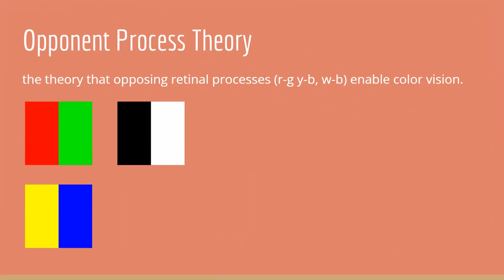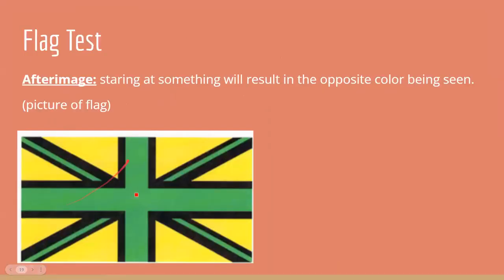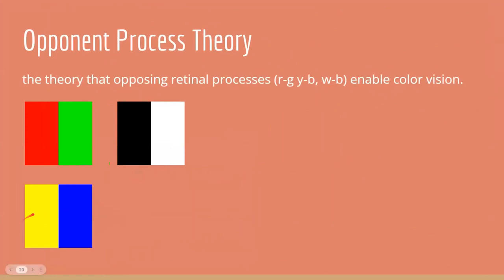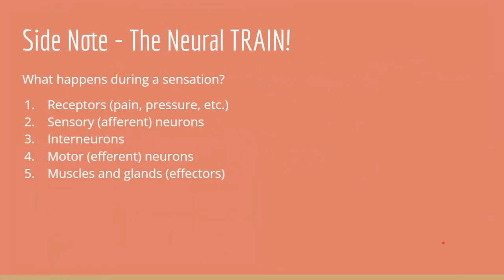Because if you notice what colors are on this thing, they are green, yellow, black. So green changes to red, yellow changes to blue, black changes to white.